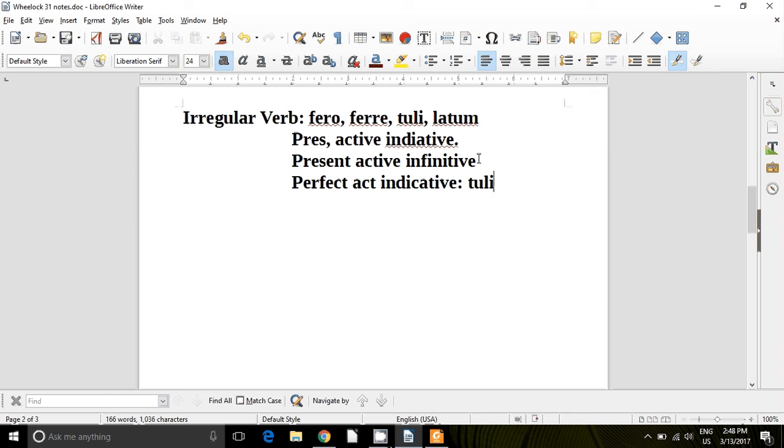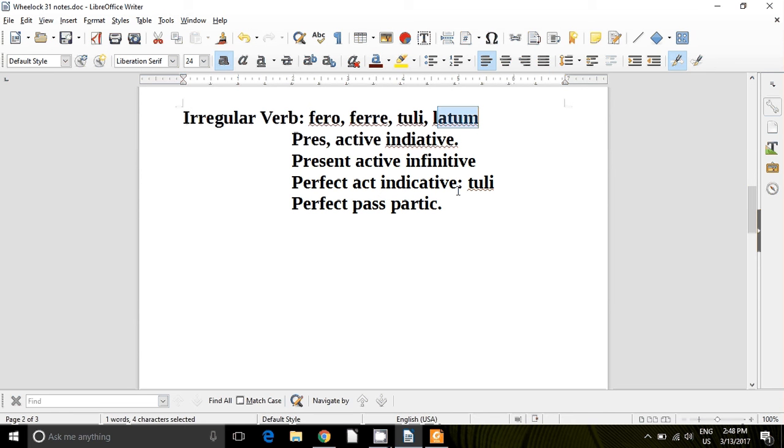So fero means I bear or I carry. So I carry, fero; to carry, ferre; I carried, tuli. And then latum is the perfect passive participle, having been carried, a thing that was carried, latum.